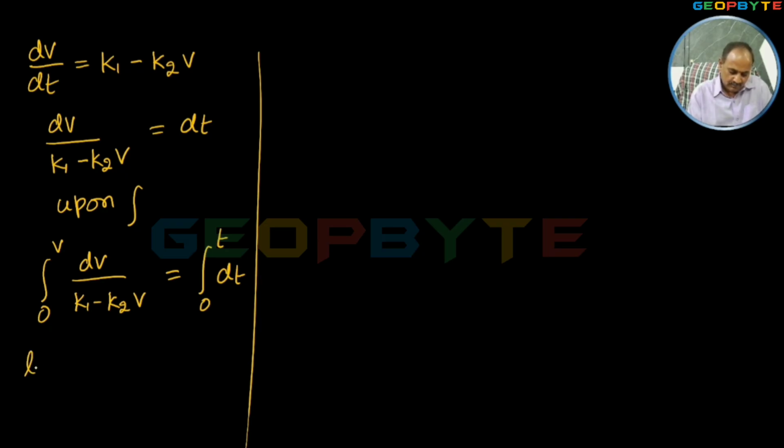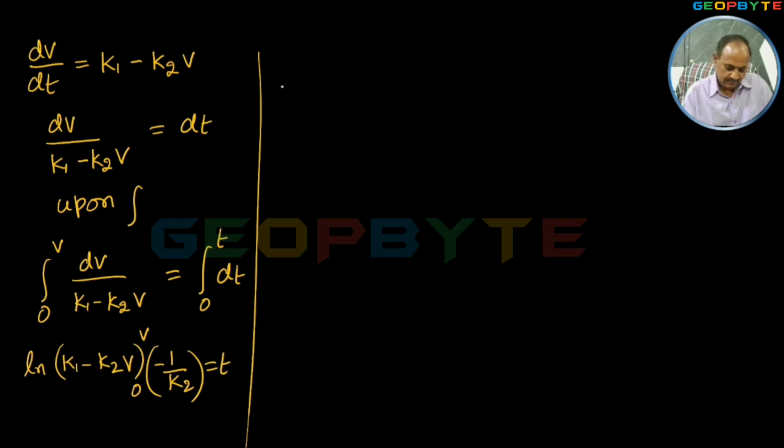It will give ln (k1 minus k2 v), apply the limits from 0 to v, minus 1 by k2 is equal to t.